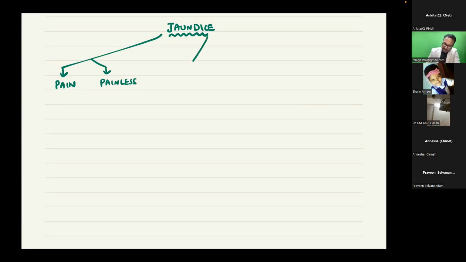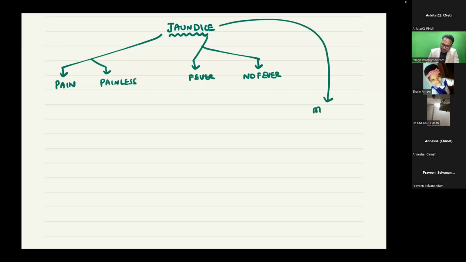Then you should ask whether the patient has fever or no fever. And you should ask about any malignant history. Malignant history, you know very well, means weight loss and loss of appetite.